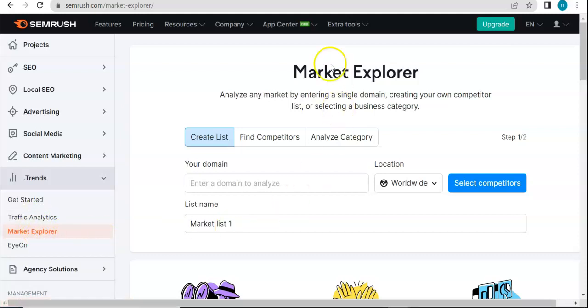But yeah, basically for Market Explorer, it is analyzing any market by entering a single domain, creating your own competitor list, or selecting a business category. So for this particular one, I'm not sure if we're gonna be doing the entirety of these three, because I'm not sure yet how long the steps would take for this one, as well as the others.